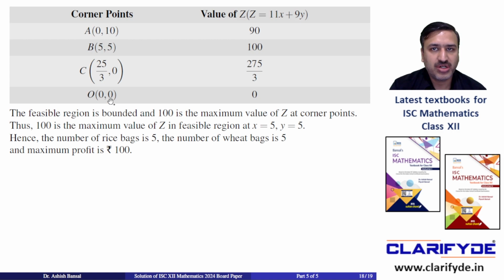We can compute their coordinates, and the corresponding values of the objective function z are these values. The feasible region is bounded, and 100 is the maximum value of z at the corner points. So 100 is the maximum value of z in the feasible region, which is at x, y equal to 5, 5. Hence, the number of rice bags is 5, number of wheat bags is 5, and the maximum profit is rupees 100.